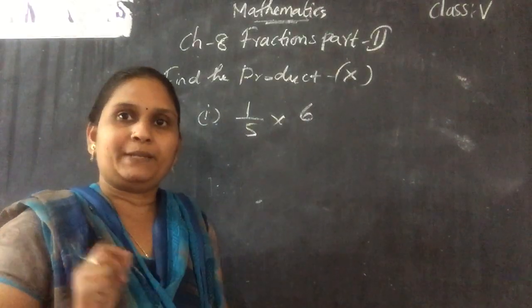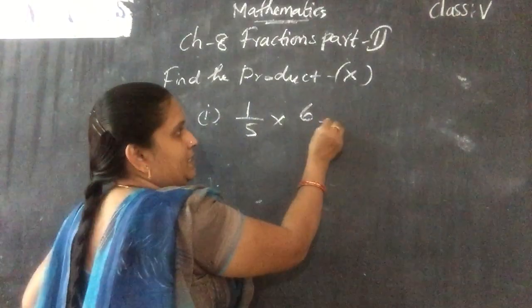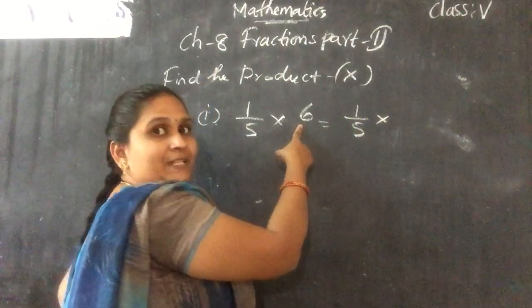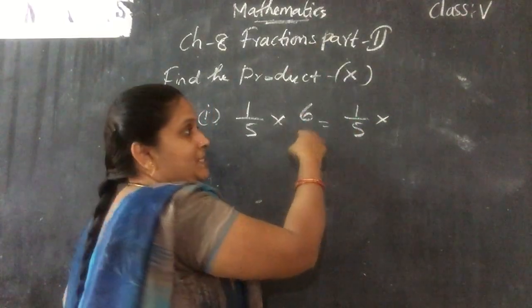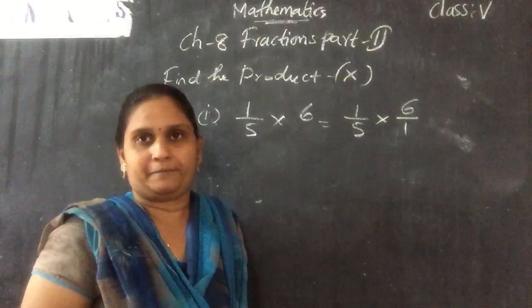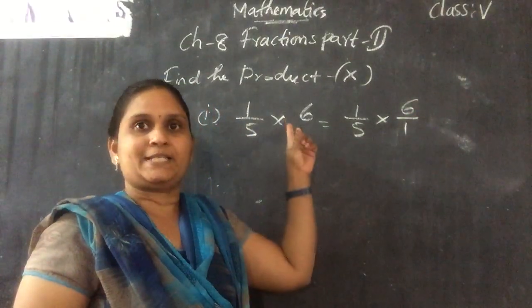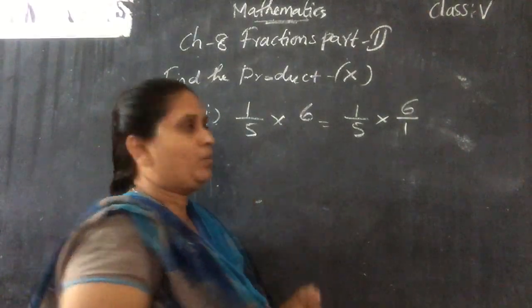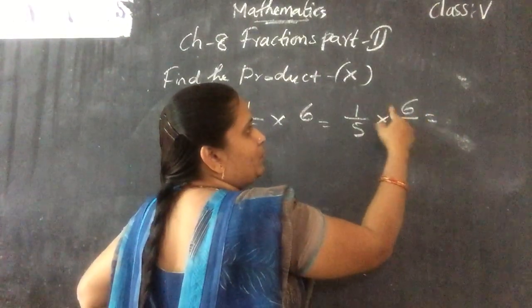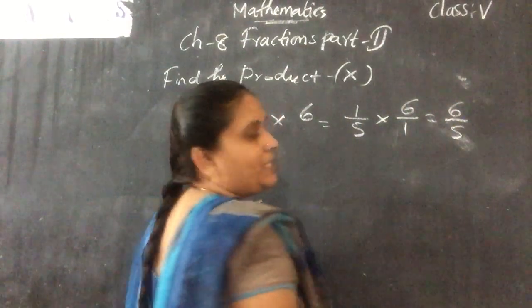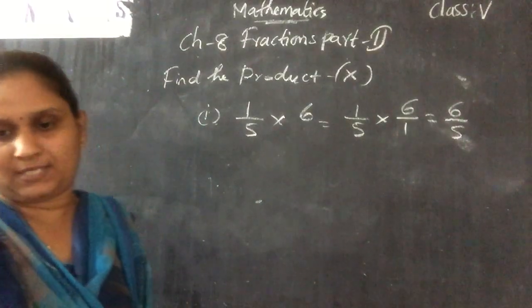If a whole number is there, what you have to do is write the first number, 1 by 5, then into 6, the whole number. This 6 you write as a numerator, and since there is no denominator, you take 1. Now do the multiplication. 1 6s are 6, by 5 1s are 5. So the answer is 6 by 5.